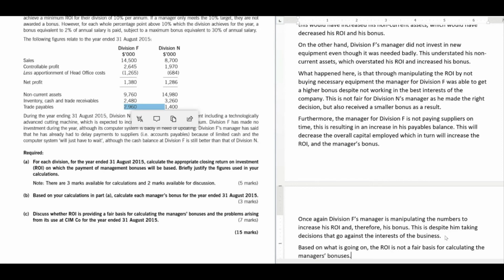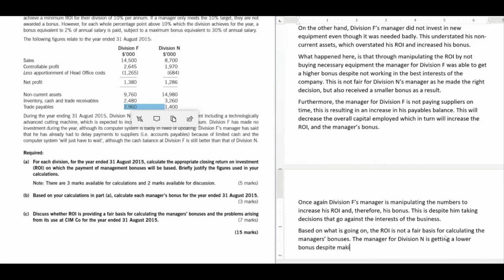The manager for Division N is getting a lower bonus despite making good decisions, whereas the manager for Division F is getting a higher bonus despite making bad decisions.